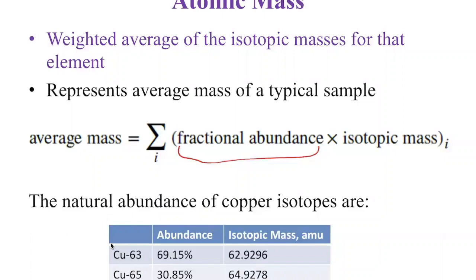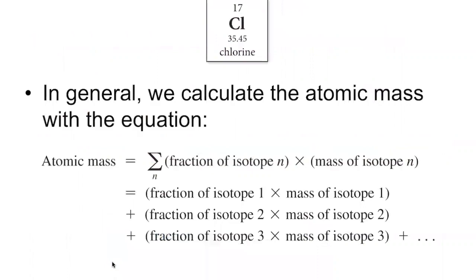And that will give you the average atomic mass once you do the calculation. So if you have many different isotopes, you just keep taking them and take the sum of all of them.